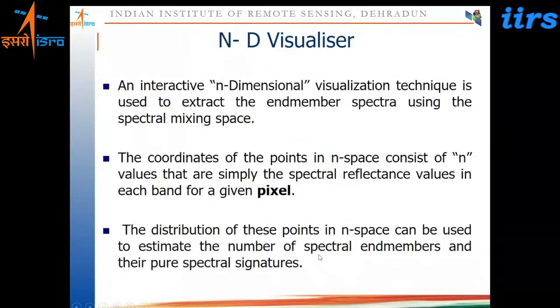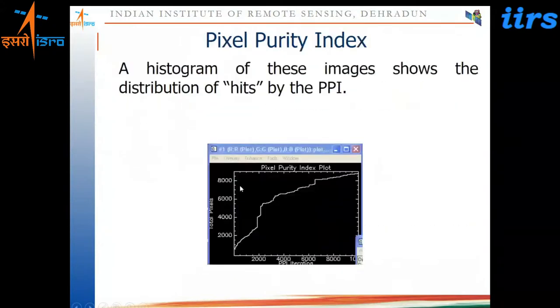Gradually, when this plot or curve gets smoothed out or flat, it means all the pure pixels were identified by the algorithm, so you need not increase the iterations. Around 10,000 or 15,000 iterations will be selected, according to the statistics or your data quality.